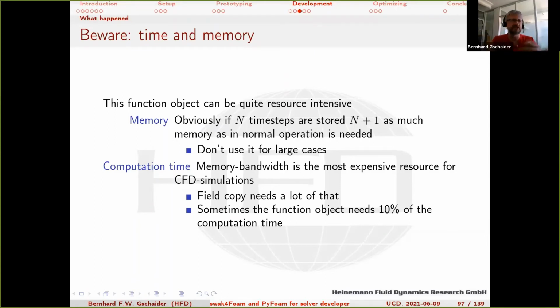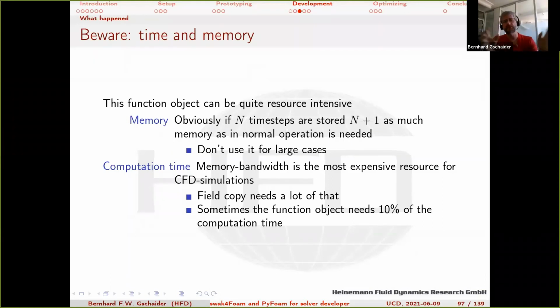So if you have a case that uses half of the memory on your machine, then you're out of luck, you can't use this. But if you have such a Mickey Mouse case like the Pitts Daily case, then I think you can even use record the last 100 time steps.